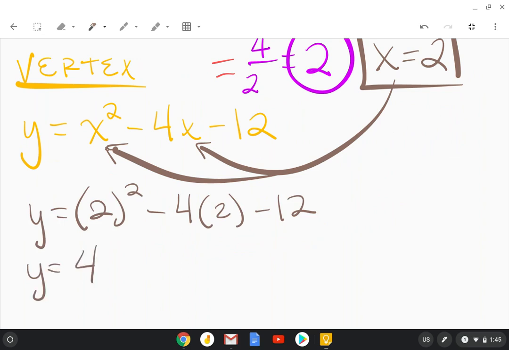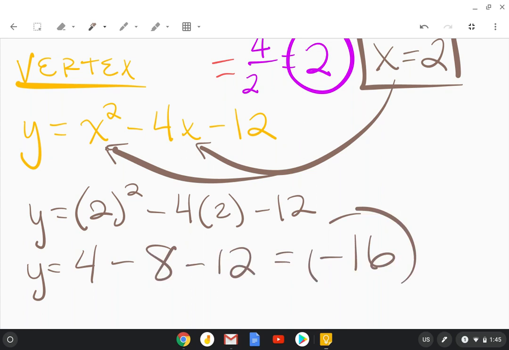2 squared is 4. 4 times 2 is 8. And then minus 12. And then we just add these up. 4 minus 8 minus 12. That's going to be negative 16. Okay, that's our answer for the y value.